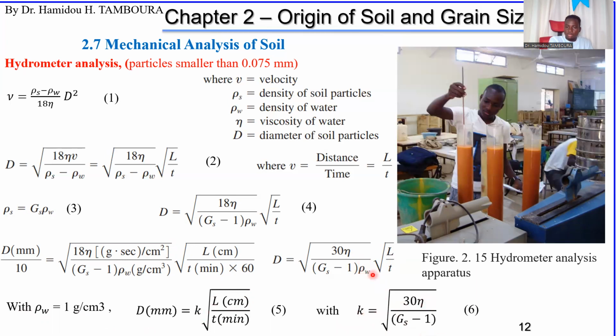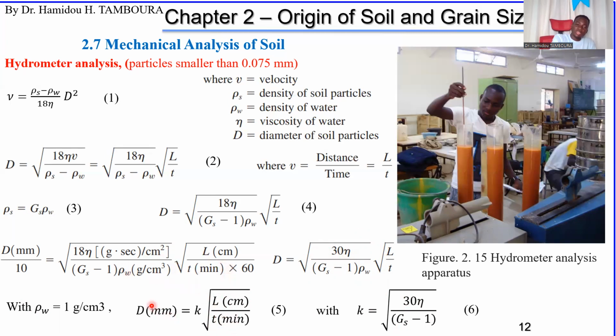Because this one will become 1, we will get 30 times the viscosity of water divided by only the specific gravity minus 1. This is the K, actually. So K multiplied by the square root of L divided by T, with L in centimeter and T in minute, because we made all the conversions here.